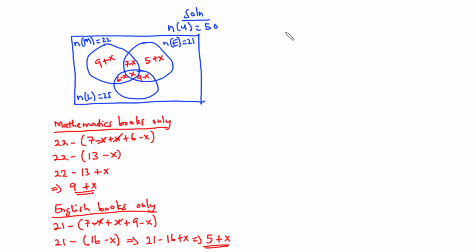Now for the number of students who had only life skill books, that's going to be 25 minus, we are going to consider this circle, 6 minus x plus 9 minus x.